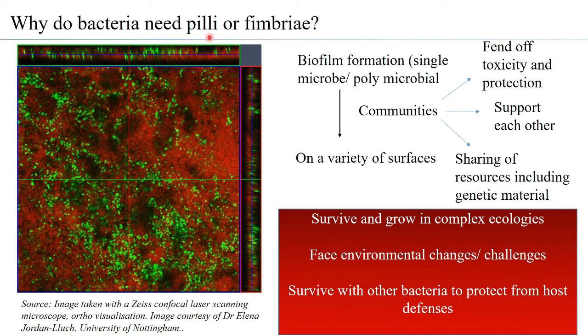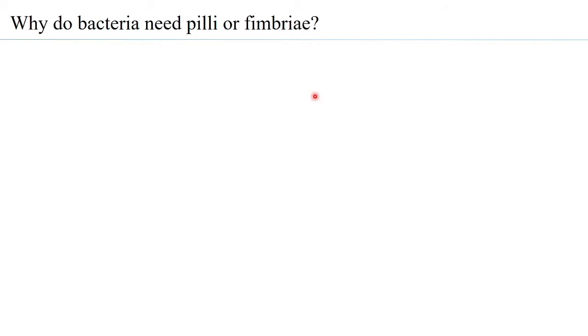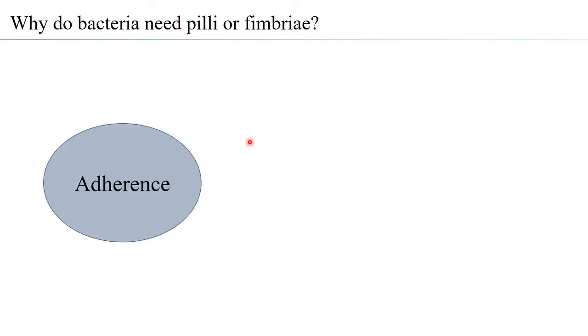In all this, where do the pili or the fimbriae come up? What has been observed is that one of the major characteristics of the pili is the ability to adhere to surfaces or interact with each other. So they're able to connect with each other. The surfaces of two bacteria can actually contact.